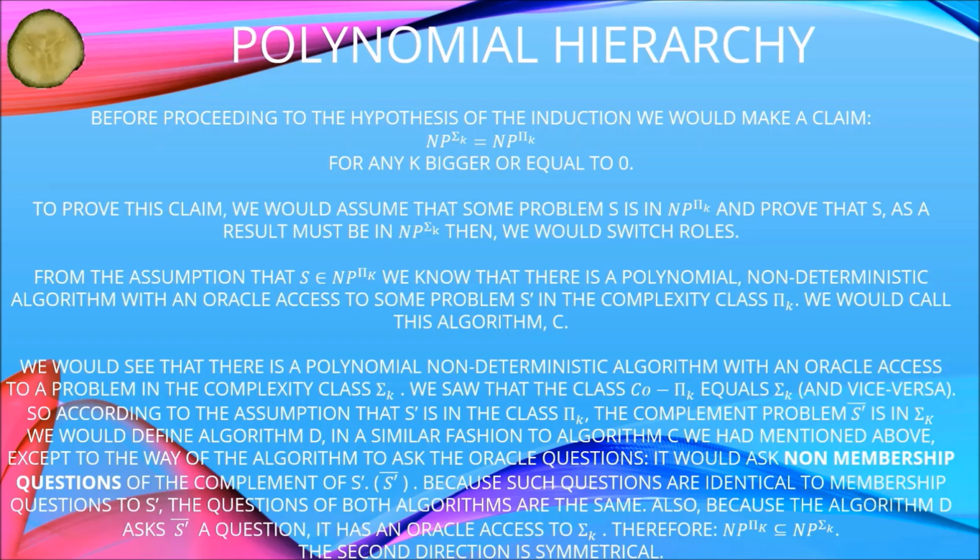Also, because algorithm D asks S' with overline a question, it has an oracle access to Σk. Therefore, NP^Πk is a subset or equal to NP^Σk. The second direction is symmetrical.